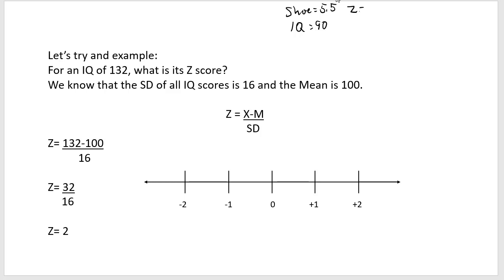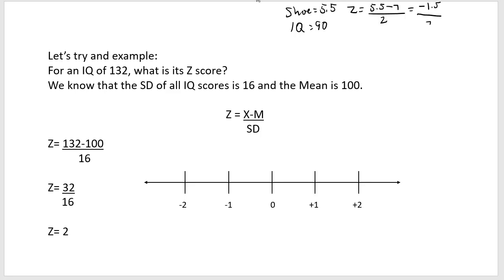Z is equal to 5.5, which is our raw score, minus the mean, which was 7, divided by 2, which was the standard deviation, which is equal to -1.5 divided by 2, which is equal to -0.75. So about 3/4 of a standard deviation below the mean.